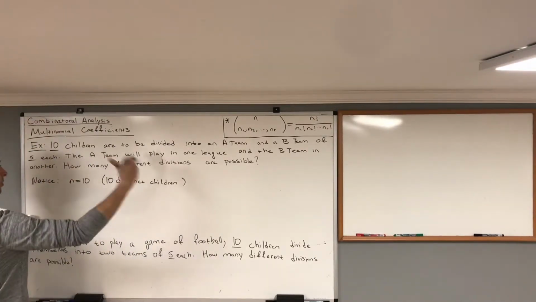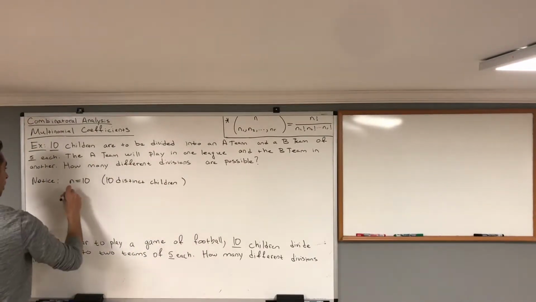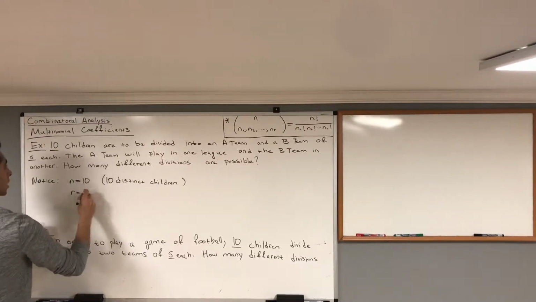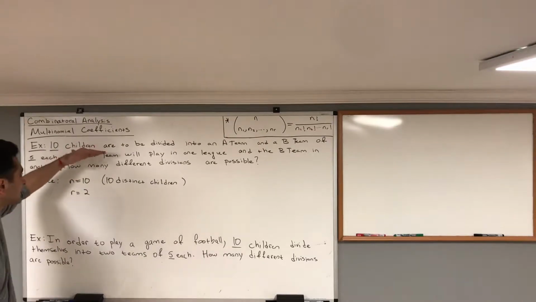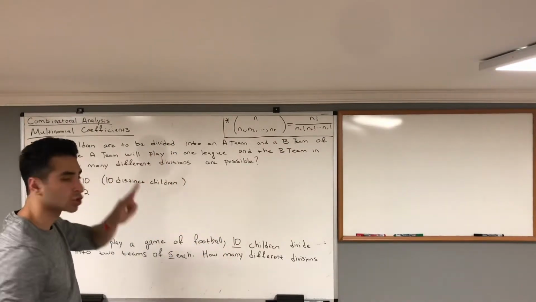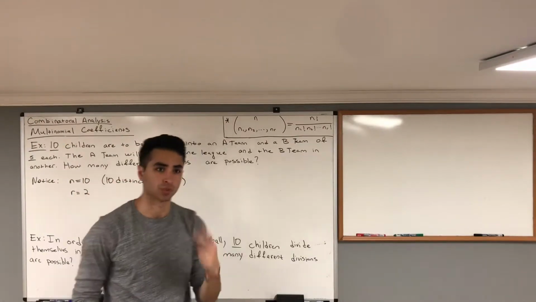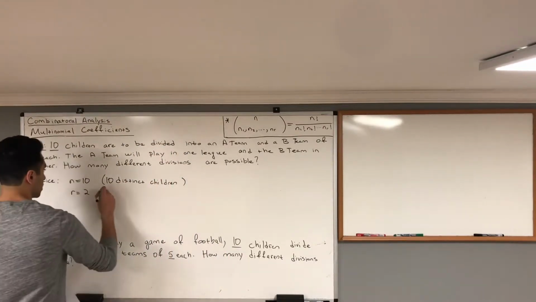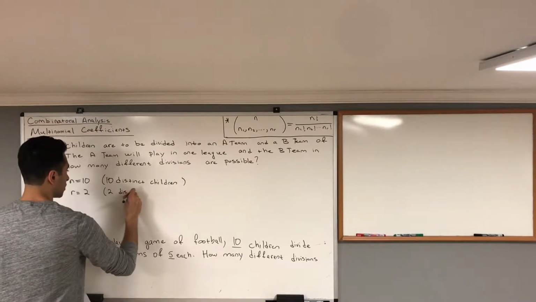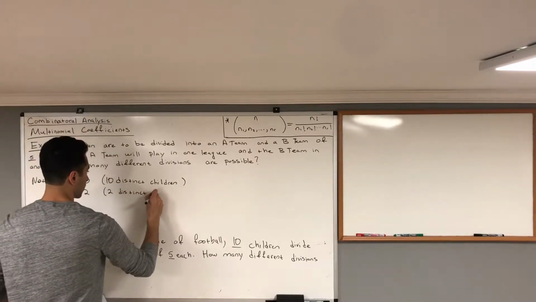Remember, your n is the number of distinct items. Your r is the number of distinct groups. Well, your r has to be 2 because you have an A team that plays in one league and you have a B team. Those are two different teams. Those are two different groups, two distinct groups. So you have two distinct groups. So that's why r equals 2. Okay.